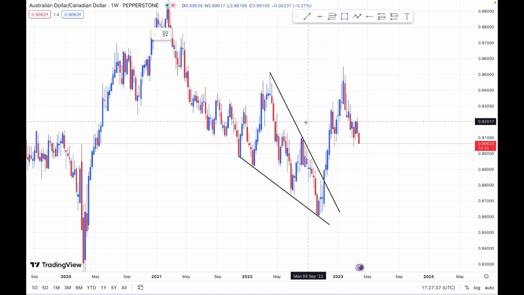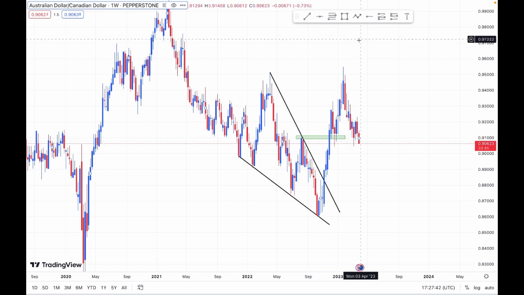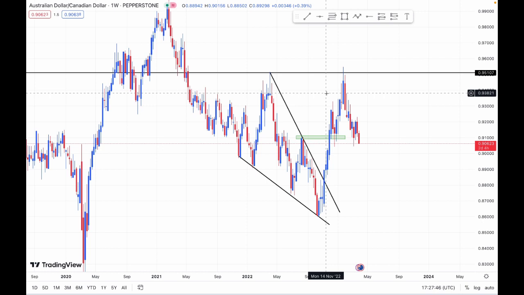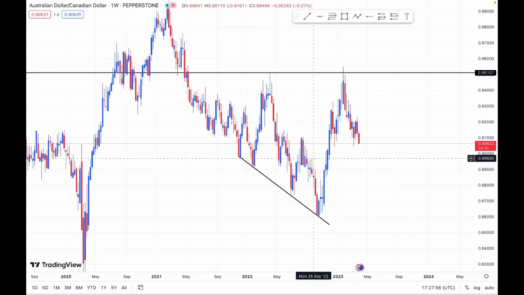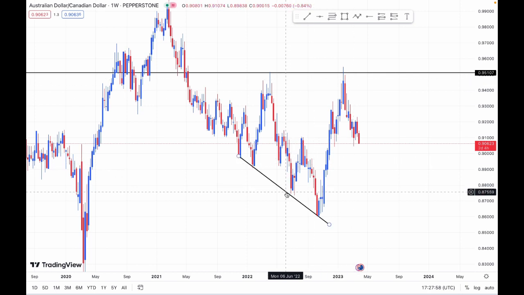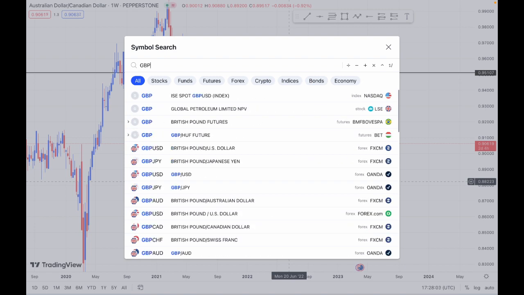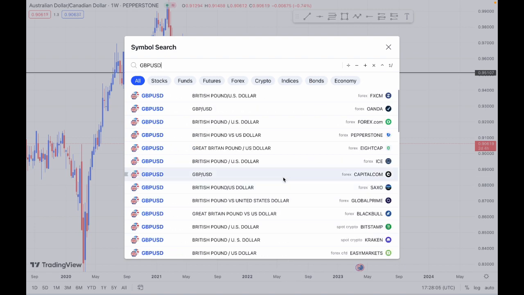And if you pay closer attention, you can see the market retested here before going upwards, and right now it's falling down because it has reached its resistance level. And it created a double top, what I was telling you about, and it's been falling down. So those are the 3 most important chart patterns I trade every single day. Now let me go back to GBP USD because it has some beautiful examples.